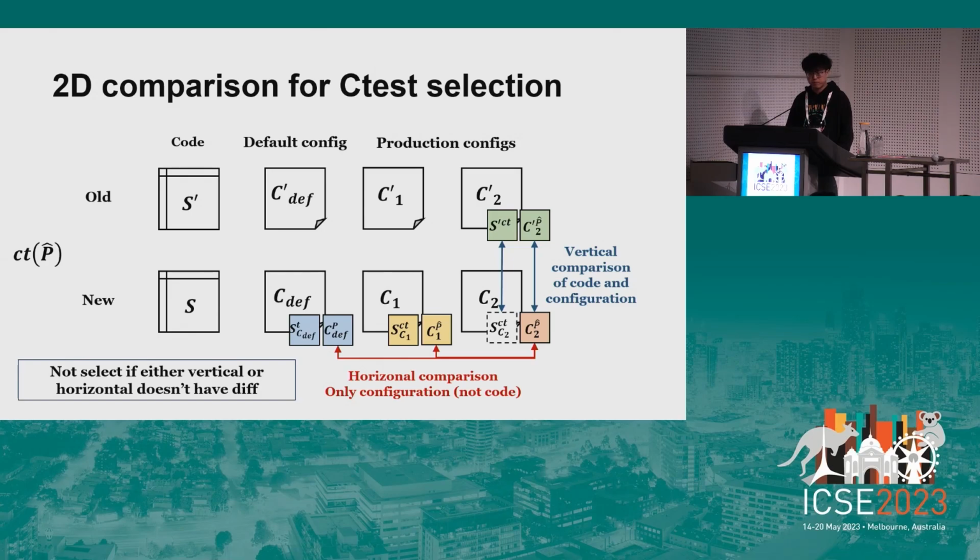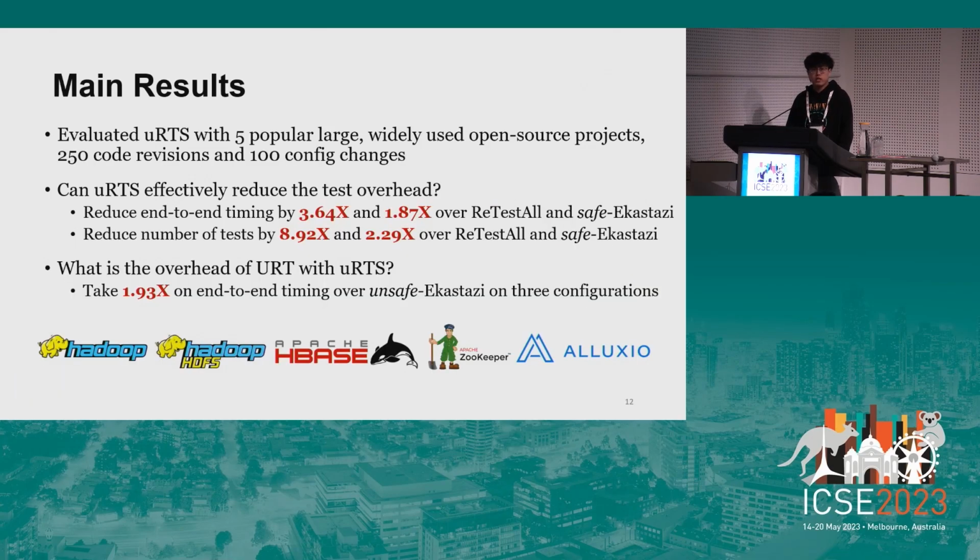We evaluate URTS on 5 large open-source projects with 250 code revisions and 100 configuration changes. We measure 2 metrics, end-to-end testing time and number of tests selected. We first ask how much URTS can save for CT.